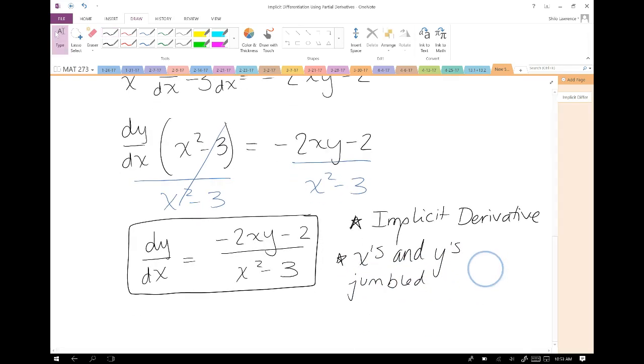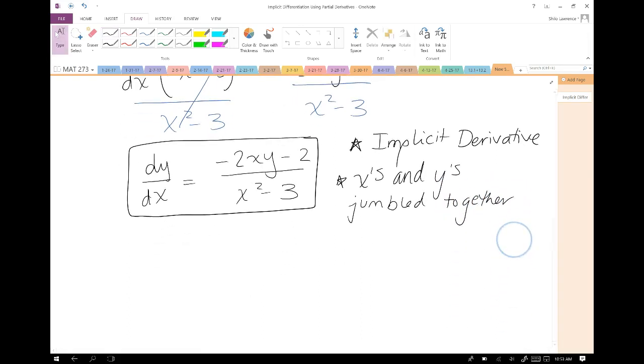Obviously not a very technical math term. The most technical way to say that is a function is implicit if it is not solved for its dependent variable.